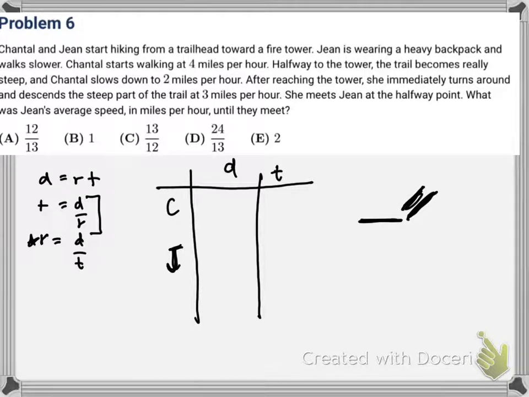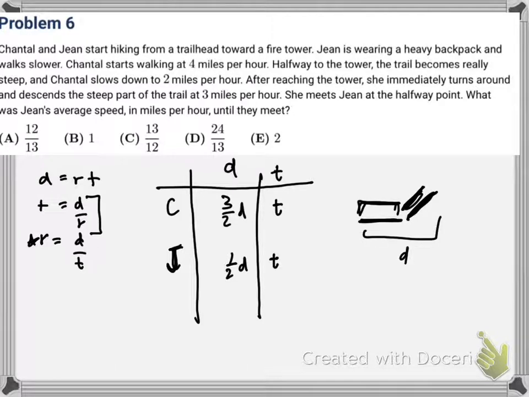So if I call this whole thing D, then she's gone 3/2 D. Meanwhile, in the same time, Jean has gone 1/2 D.